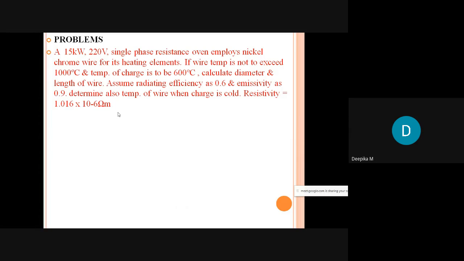To understand the problem, we have the single phase resistance oven, which has an input of 15 kilowatt, and it is operating at a voltage of 220 volts. Here they are employing nickel chrome wire as a heating element, and the wire is not to exceed the temperature of 1000 degrees Celsius, that is the highest temperature.